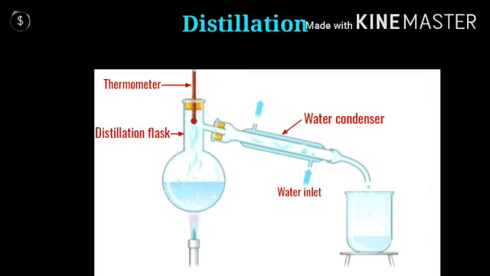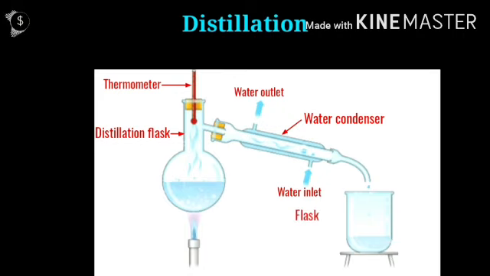This water condenser is surrounded by two pipes. One is the water inlet and the other is the water outlet. From the water inlet, cold water enters, and from the water outlet hot water comes out, and a beaker is there in which the pure liquid will be collected.